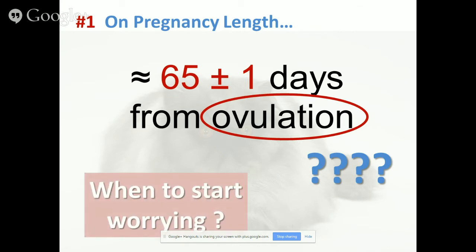Knowing that is important, because sometimes you're waiting and the queen is not giving birth. So we always recommend people to start worrying if 68 days after the last day of the breeding period, the queen still hasn't given birth. It's good to go see your veterinarian to check if there is anything wrong, so that they can help you determine the best approach in this case.